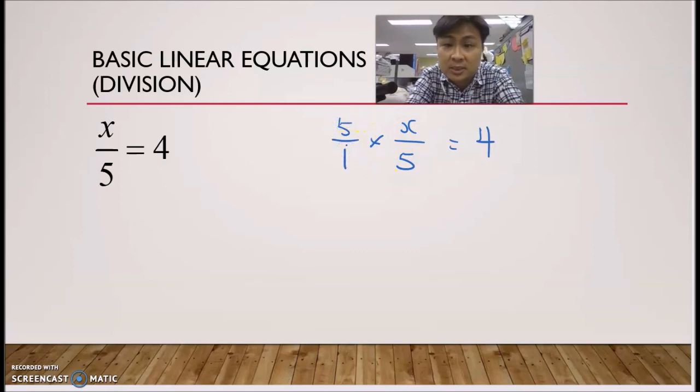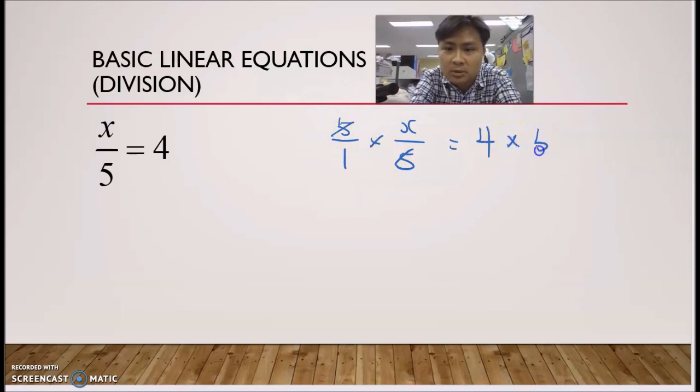5 is the same as 5 over 1. So we also learned previously when we were multiplying fractions, we can cancel any numerator with any denominator. So effectively, when we multiply by 5 over here, we can remove the 5 from the denominator. So if we multiply by 5 on the left side, what must we do on the right side? We must also multiply by 5.